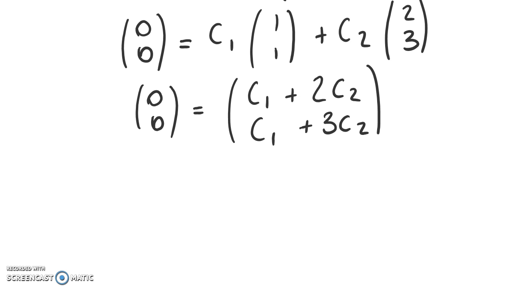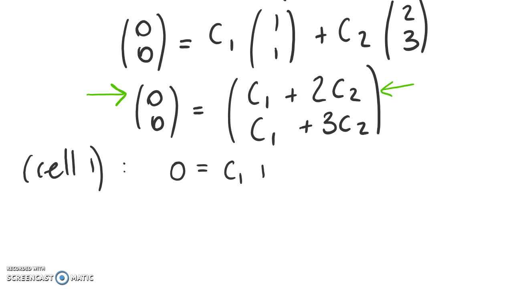So let's have a look at the first cell in green. So we need to satisfy this equation. Cell 1, we have that 0 equals C1 plus 2C2. Let's rearrange so that we get one constant as the subject.